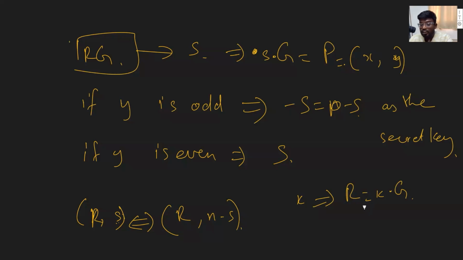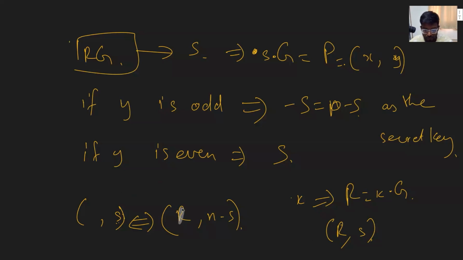Even when generating this capital R point, we have to check the parity of R, whether the y-axis value of this R is odd or even, and based on that we have to choose the positive or the negative k value, because of the R that we are going to send in the Schnorr signature. There's a slight difference, right?